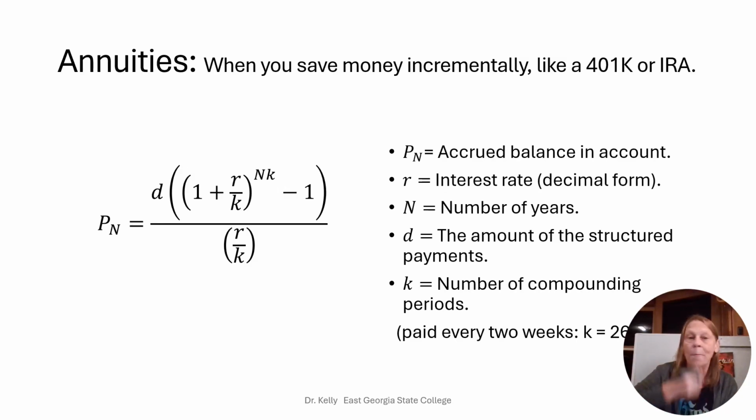Let's take a look here. Of course, the formula looks a little crazy, okay? So this is when you save money incrementally, like IRAs, 401ks.